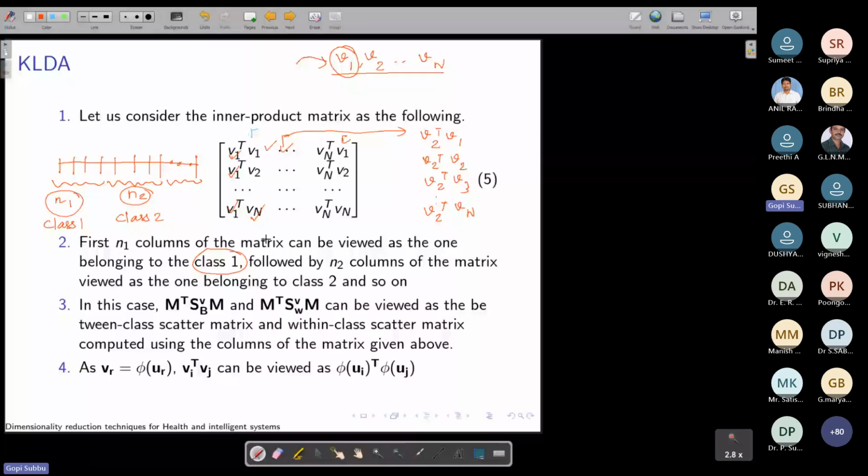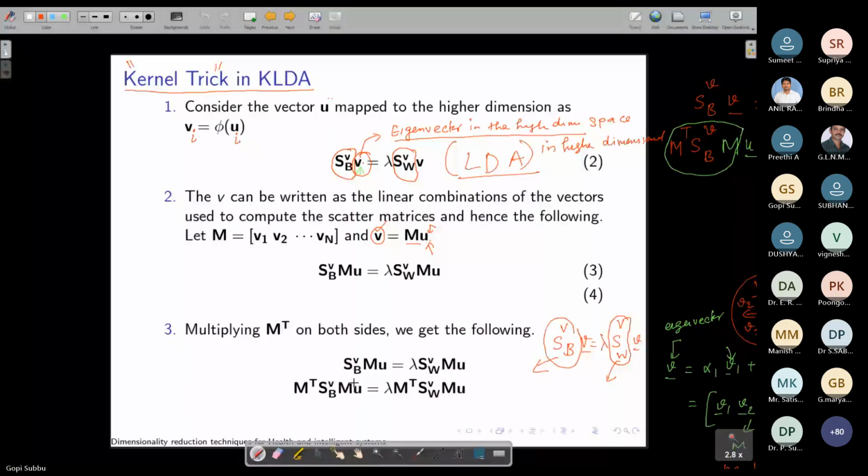In the previous slide, we had M transpose SB VM and M transpose SW VM. These can be viewed as a new between class scatter matrix and within class scatter matrix.